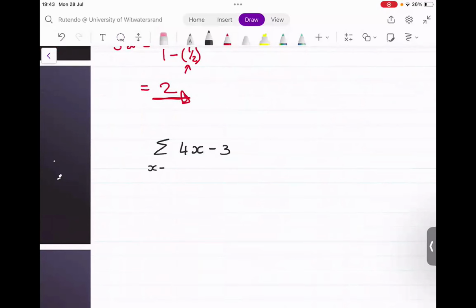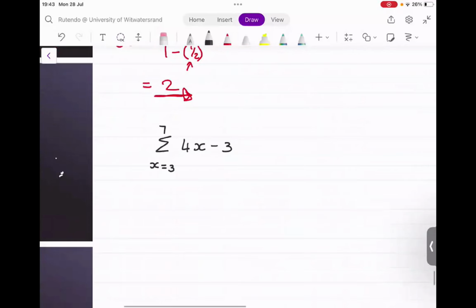It starts at x equals 3 and ends at 7. So you are going to substitute in from x equals 3 to 7. Those are the different terms of your sequence. The first one is 4 multiplied by 3 minus 3. So this is your first term.